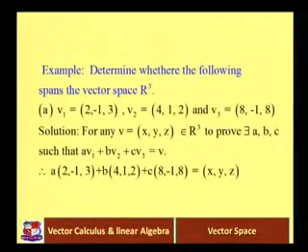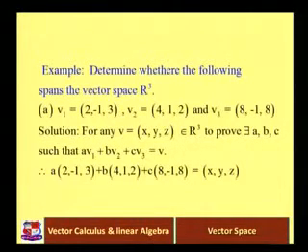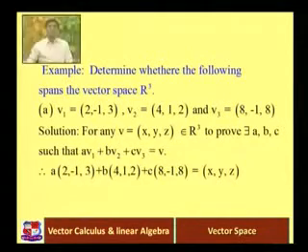From this equation we get these three equations: 2a plus 4b plus 8c is equal to x, minus a plus b minus c is equal to y, and 3a plus 2b plus 8c is equal to z.